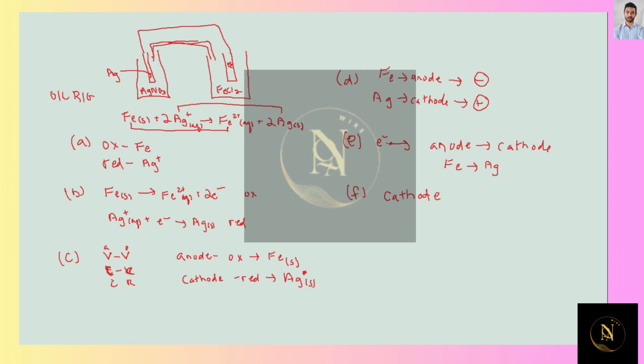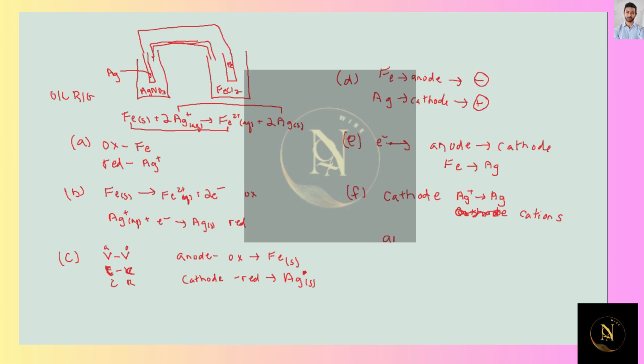At the cathode, silver ions are changing into silver metal, so we are losing positive charge. Our positive ions, our cations, in the salt bridge are going to flow toward the cathode to make up for that positive charge, into the silver solution.